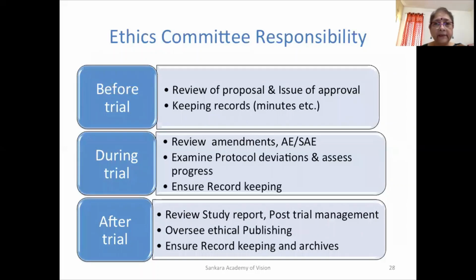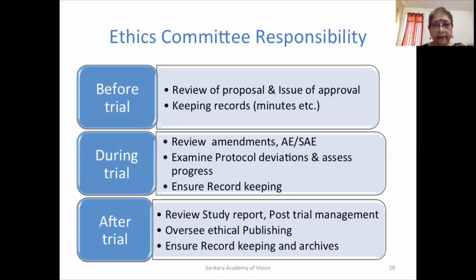What is the responsibility of the ethics committee? Before the trial, of course, it is review of the proposal and issue of approval, and also how you keep the minutes and the rest of the records. That's also very important for the ethics committee.